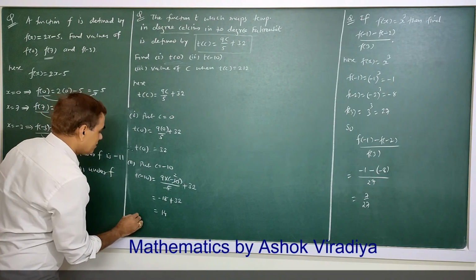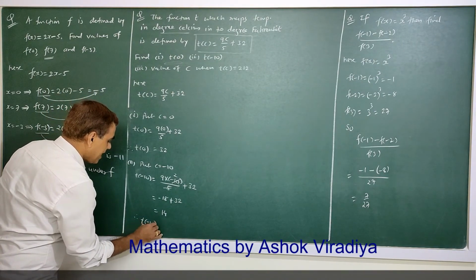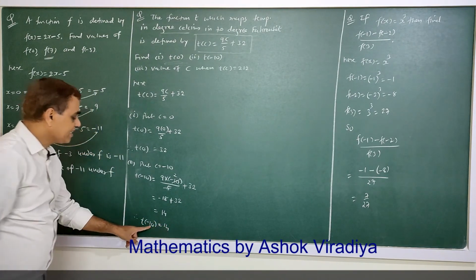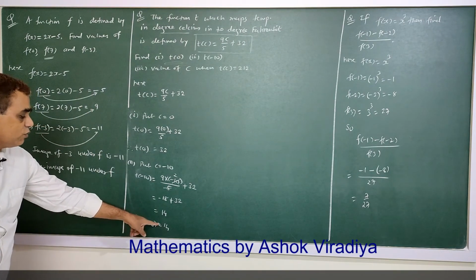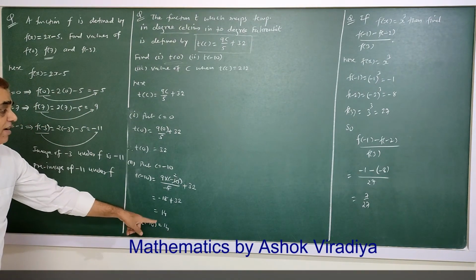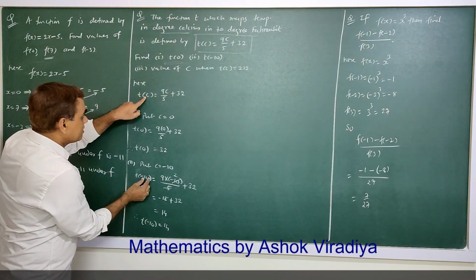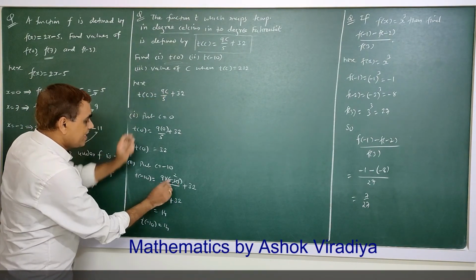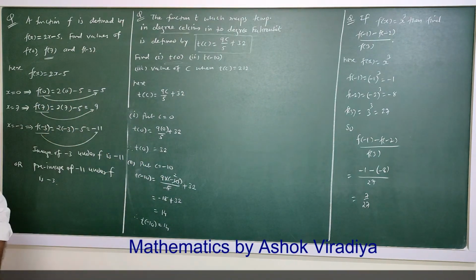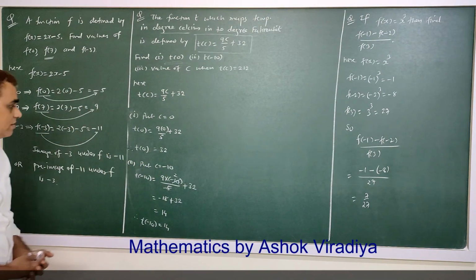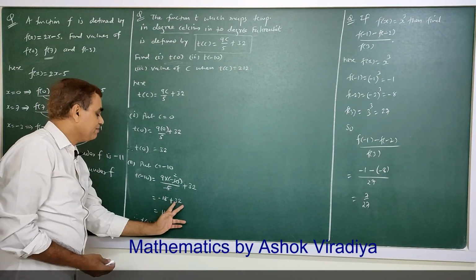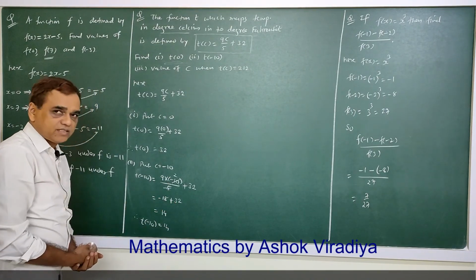So therefore T of minus 10 is 14. Minus 10 degree Celsius is equal to 14 degree Fahrenheit. So here whatever value you keep, put the same value here, then calculate.